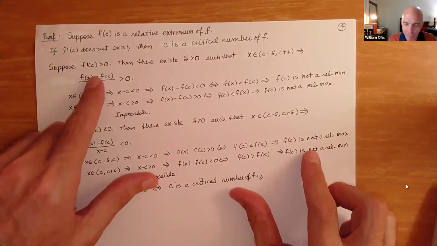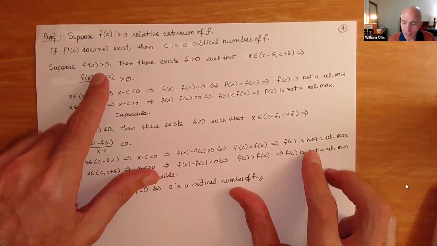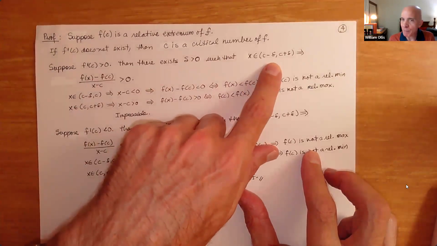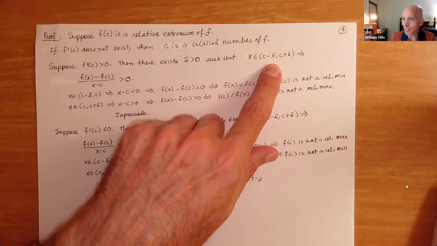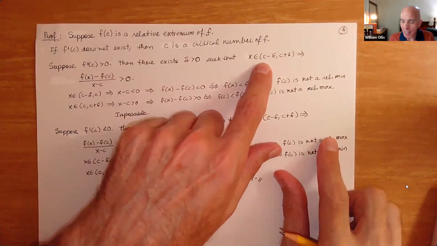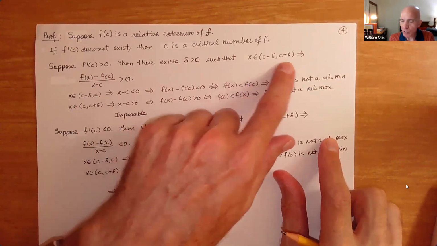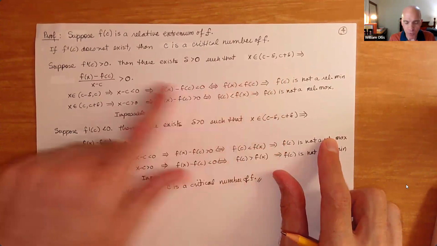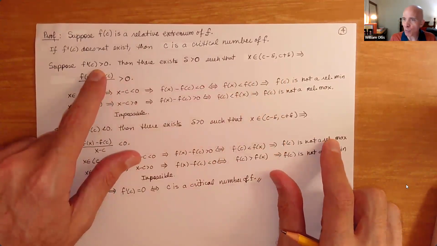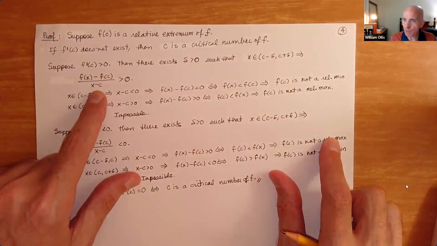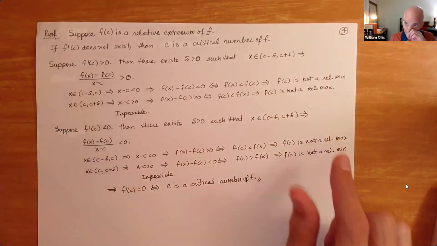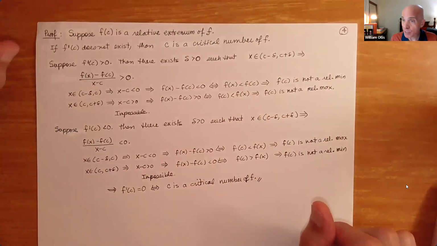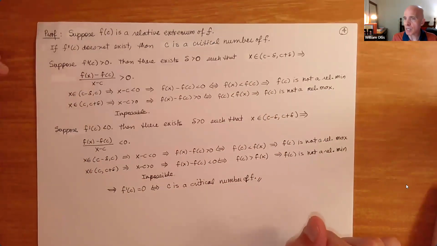Now, what that means is that we can find a very nice symmetric neighborhood. Remember, I was using the delta before. We can go delta on either side of c, where the actual sign of the derivative would be preserved. That would mean that the difference quotient, f of x minus f of c divided by x minus c, would be positive. So that's what continuity does for us.